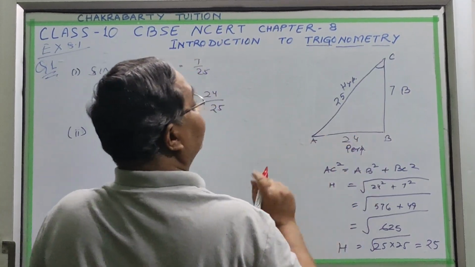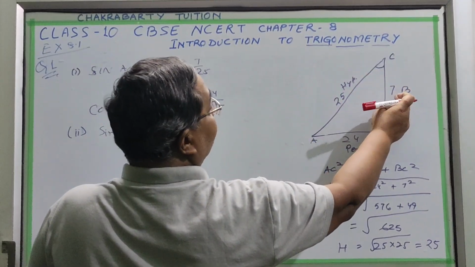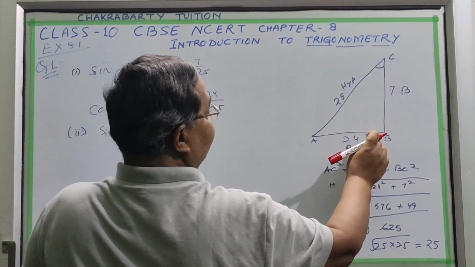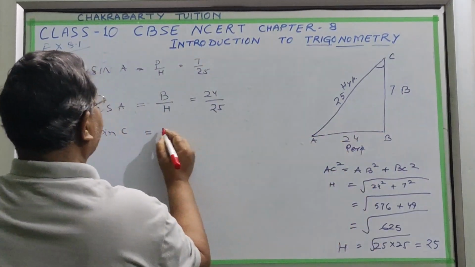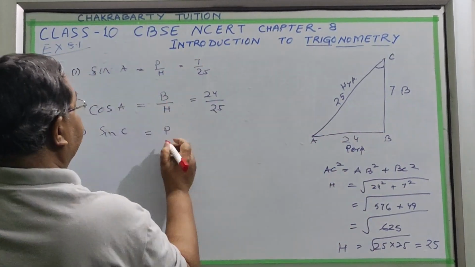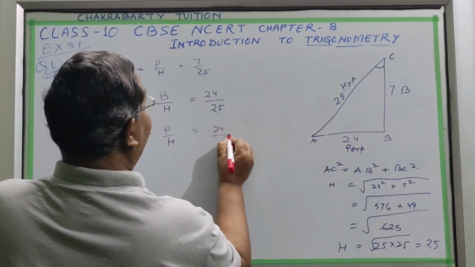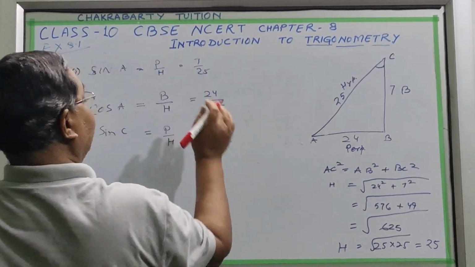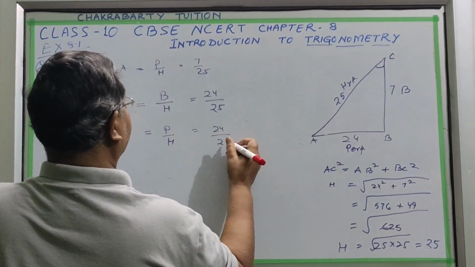Okay, it will become like this now. So sin C means the relationship between perpendicular and hypotenuse. So sin C is equal to P upon H. Here P is 24, H is 25, so 24 upon 25 it will be.